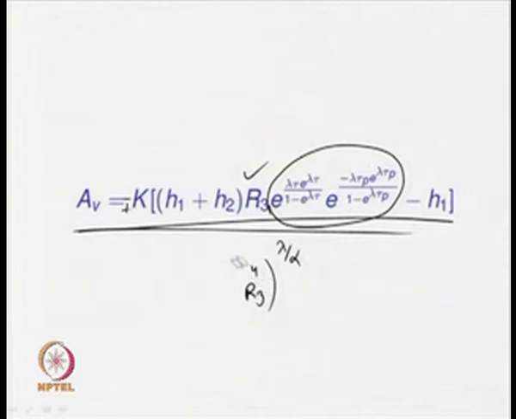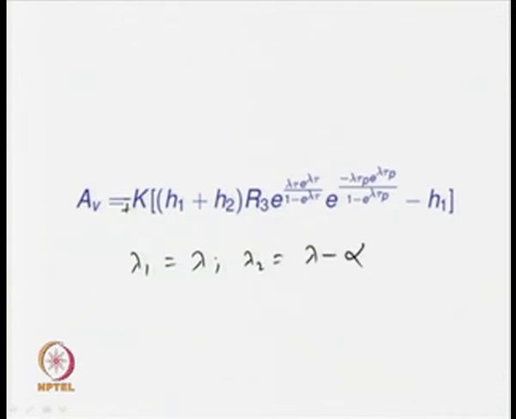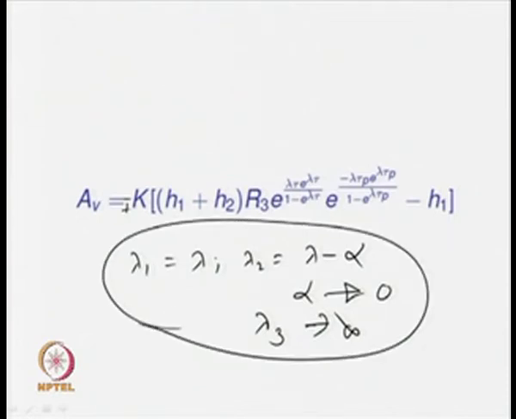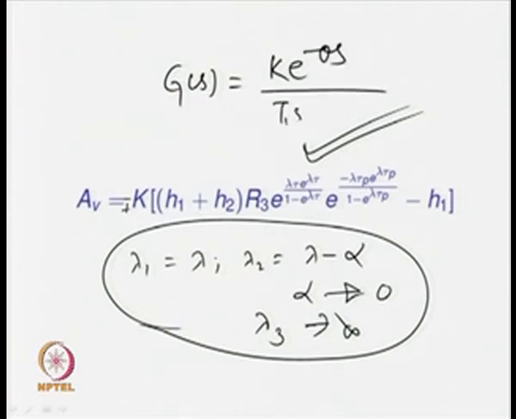So, this final expression has been obtained from the analysis with the assumption that lambda 1 is equal to lambda, lambda 2 equal to lambda minus alpha with the condition alpha tends to 0, and lambda 3 tends to infinity. So, when I use all these conditions, the general expressions result in simplified expressions which can further be used to identify the model parameters of a second order model with pole multiplicity, which has got 3 unknowns given as k, theta and T1.